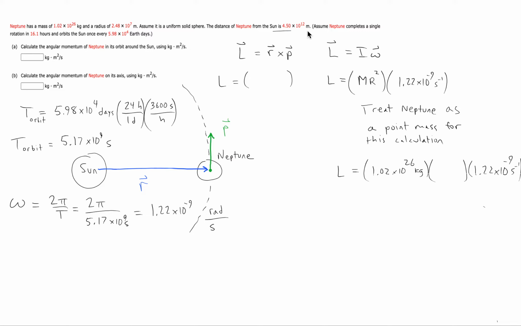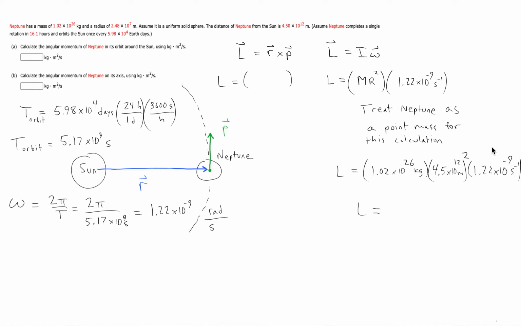Oh, it's given right here. 4.5 times 10 to the 12 meters. Yeah, we have to square the radius. Okay. I get 2.51 times 10 to the 42 kilogram meters squared per second.